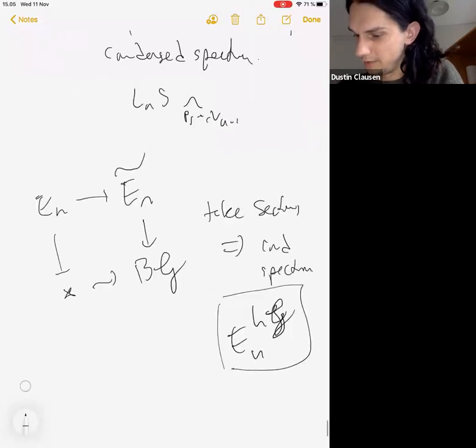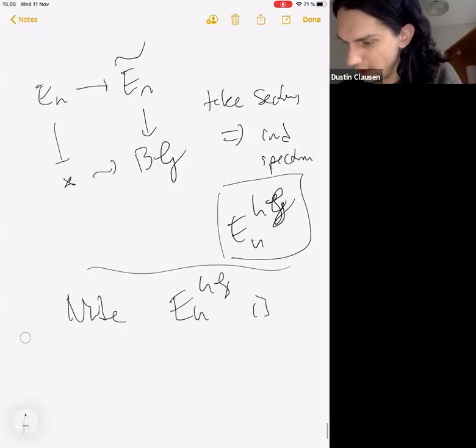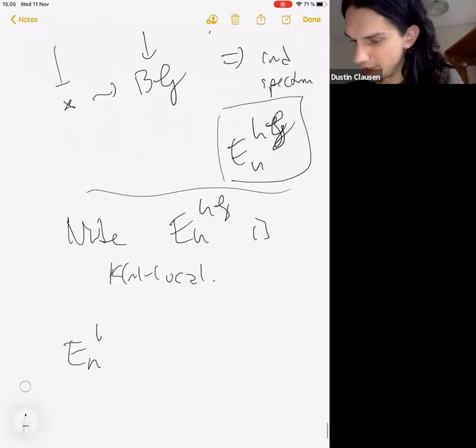Well, first of all, note that EnHG is Kn local. Well, we know En is, and then if you look at it, another way of describing this EnHG, as you'd expect, is as a limit over En, so the limit over some cosimplicial diagram.